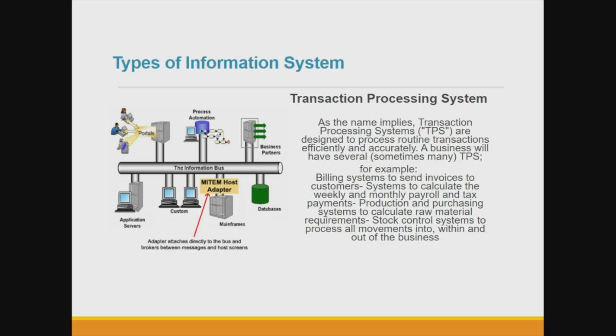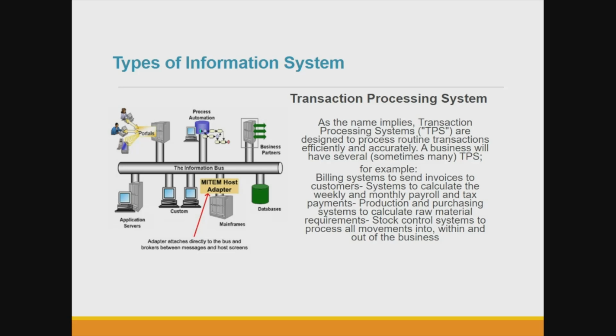Okay, the next part we go for the transaction processing system. This one is referred to as the TPS, which involves the transaction process in your organization. This system is designed in order to process routine transactions. An example of this is a billing system. Let's take an example of our university. We have the fee, the payment of your fee.